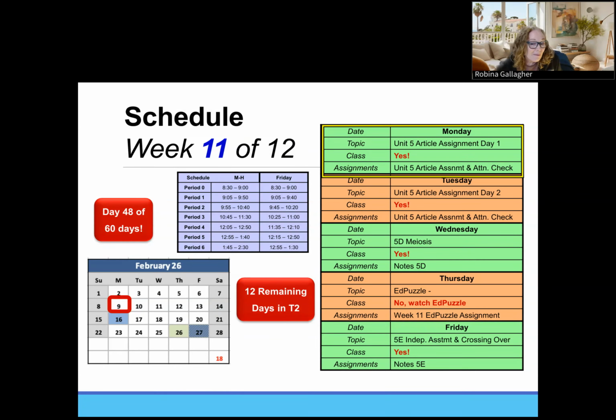So what that means is that you should look at your grades and see where you are and do a little bit of reflection of where you want them to be before the end of the trimester. Don't procrastinate. Don't wait till the very, very end. If you need to bring up your grade, now is the time to do it. Okay. So just kind of a heads up there.